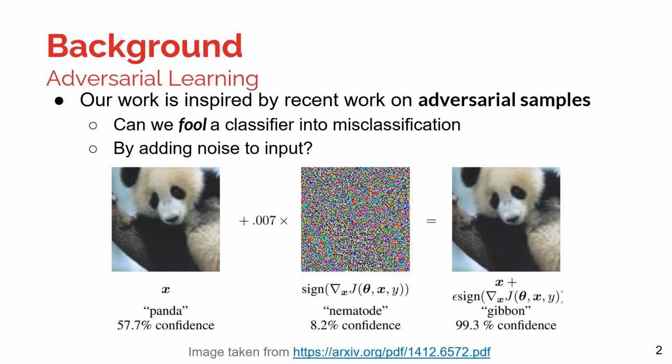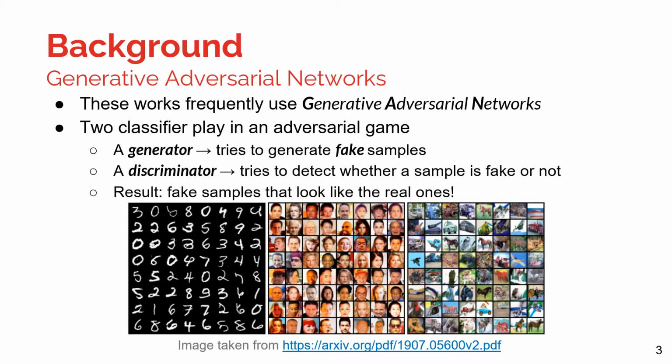Our work is inspired by recent advances in adversarial samples, where the goal is to fool a classifier into misclassification by adding some noise to it, usually unnoticeable by human eyes. One of the most commonly used tools in the literature is generative adversarial networks, in which two classifiers play an adversarial game.